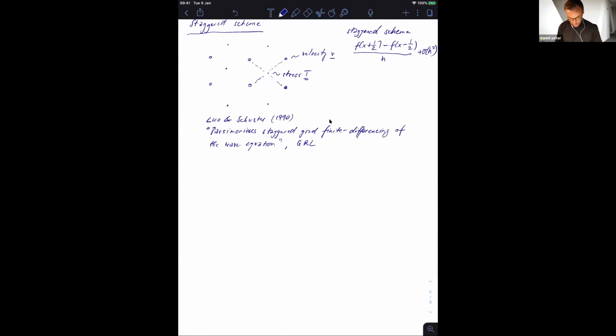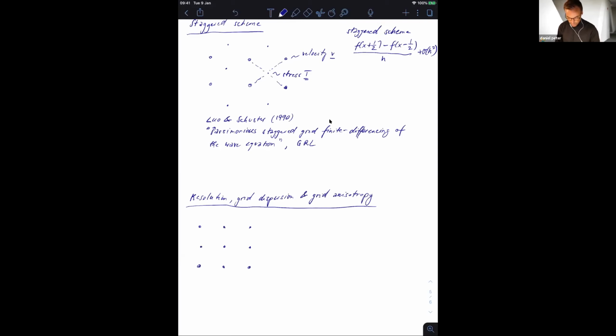Maybe as a quick note on resolution, grid dispersion, and grid anisotropy. Just a note I want to give you, just to be aware of, if you have a grid, we saw it already a bit when we did the stability analysis.